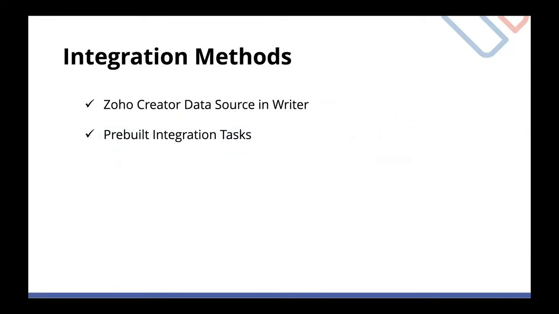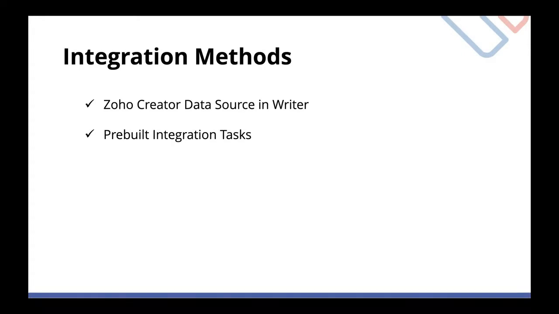These are the two integration methods which we saw. One is using Zoho Creator's data source, which we configured from the front end I showed you. We can go to the automation process, create a merge template, configure Creator's data source and pull data. Or we can use the pre-built integration task, which we just saw.